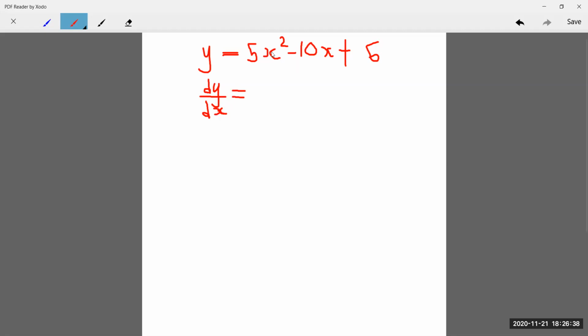So if this letter was, let's say, v, then it would be dy by dv. All right? So we're differentiating in terms of x. So dy by dx is 10x minus 10 plus 0. 10x minus 10 plus 0. Very good.